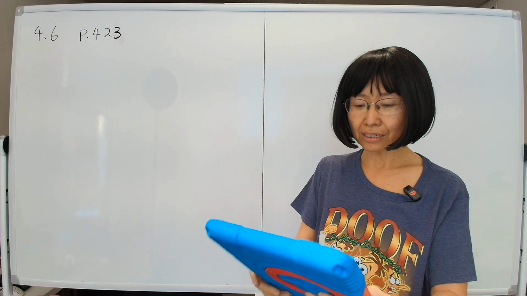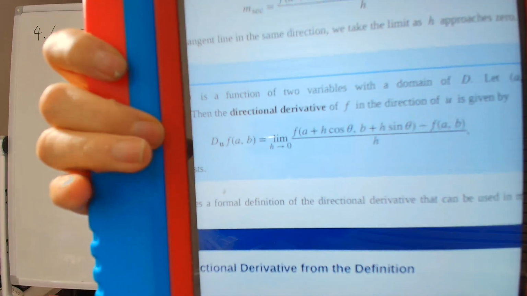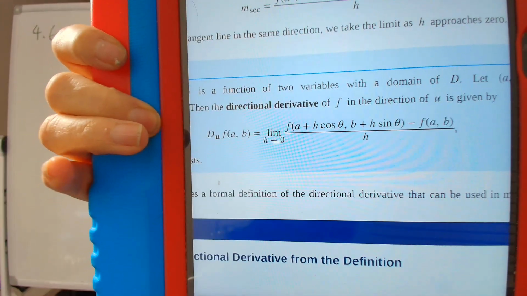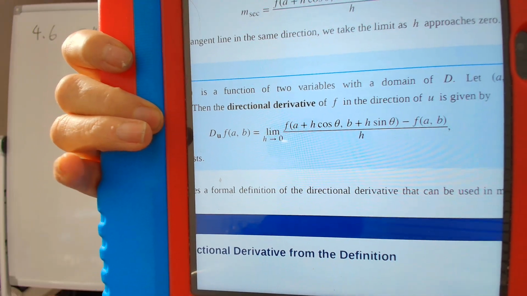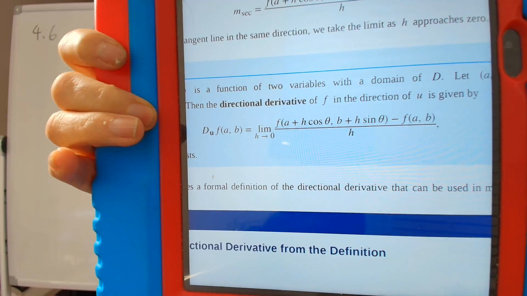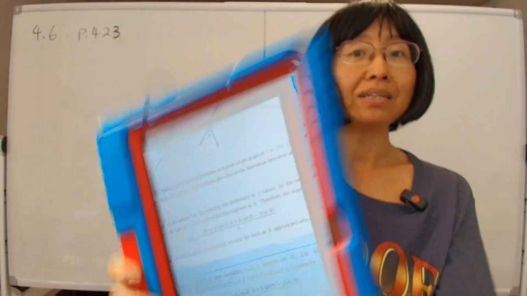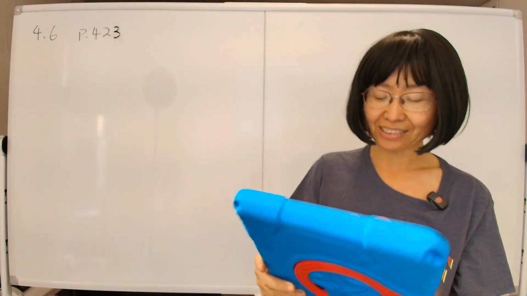And so D_u, as you can see, is given by this particular formula, where you're literally taking the derivative in that direction, right? You move a over by h cosine theta and b over by h sine theta, and then you divide by h and let h go to 0, and that would be the derivative in that direction.